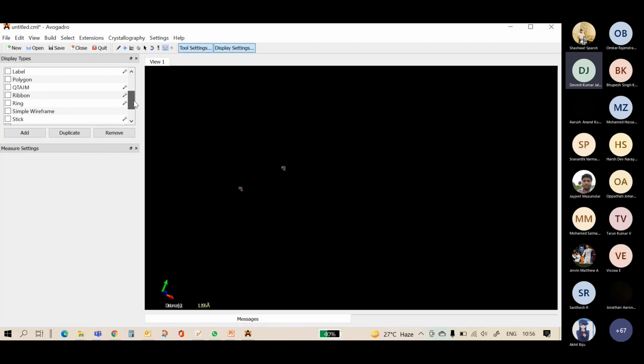Usually you can go by looking at stick models like this or wireframe like this. This is the wireframe model of carbon dioxide. It doesn't make much sense, so we'll go to the ball and stick. For some other molecules, wireframe will be very helpful, and I'll explain that soon. So this is carbon dioxide.